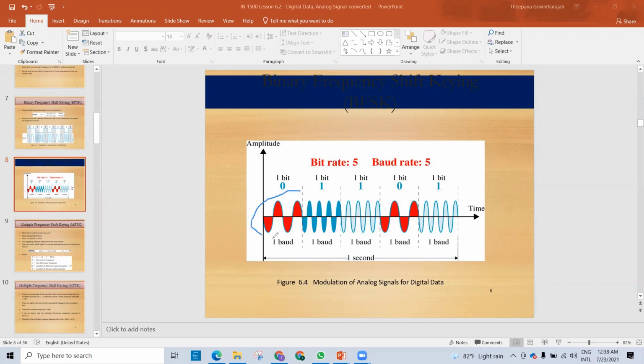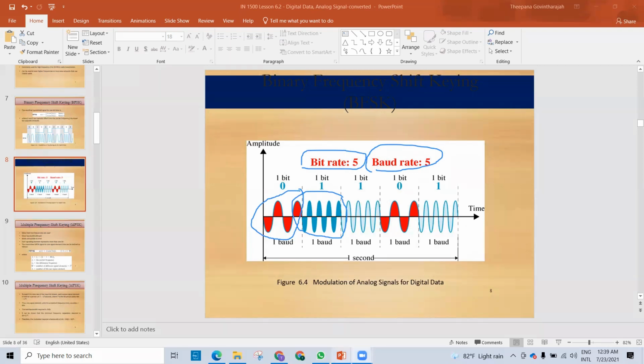So, here it is 1 baud. And here another bit is represented by another waveform. So, this is another baud. So, here 1 bit is represented by 1 baud. So, bit rate is equal to the baud rate. If we take 1 second, 5 bits are transmitted and 5 bauds are transmitted.